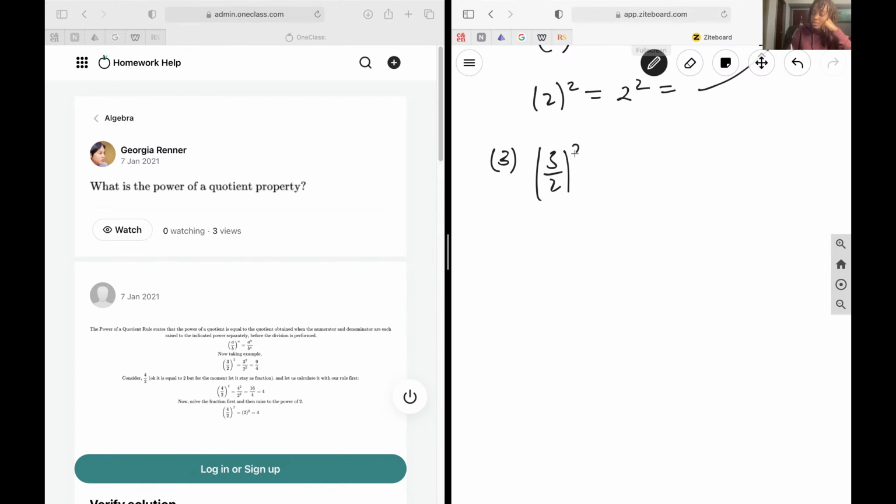Let's try (3 over 2) squared. That is going to give us 3 squared over 2 squared, which gives us 9 over 4, which is the exact same thing as if I had, as I've said here, 3 squared over 2 squared.